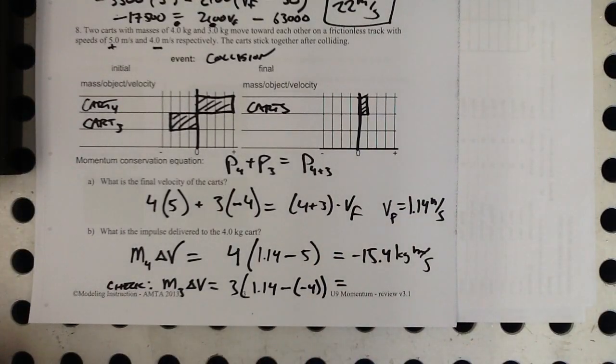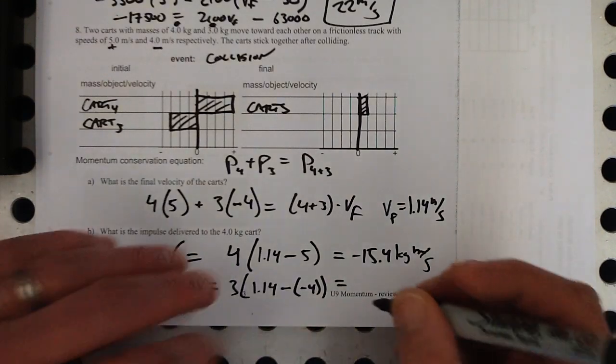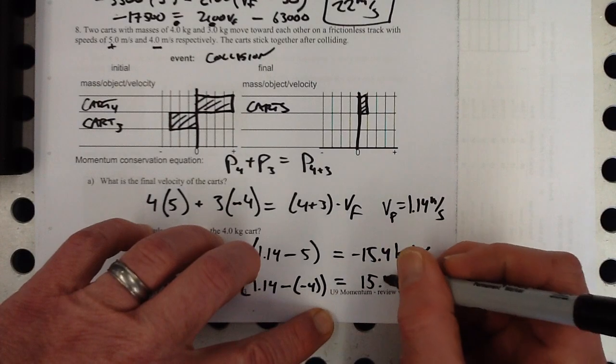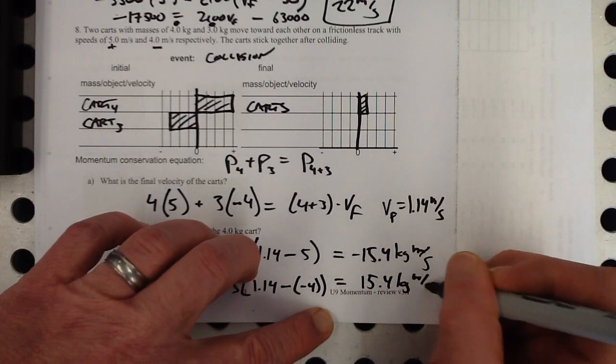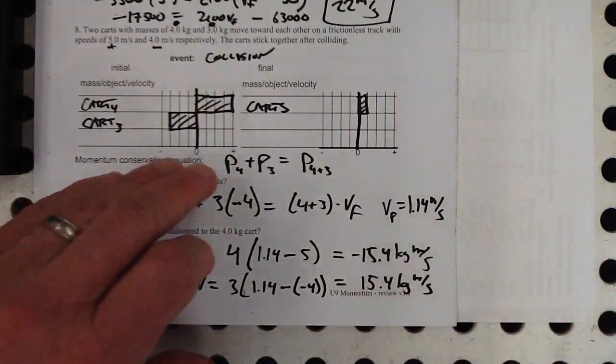So let's math that. You can enter it in your calculator just like that, even with the double negative sign, minus negative 4. Hey, it's 15.4. But positive, and that's Newton's third law, right? Equal and opposite.